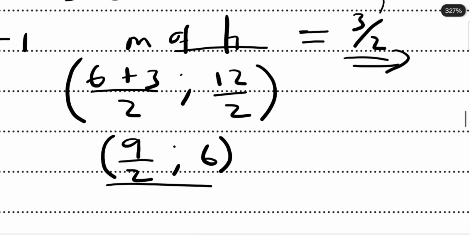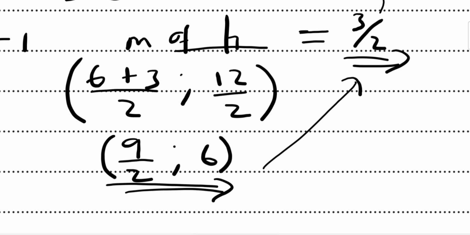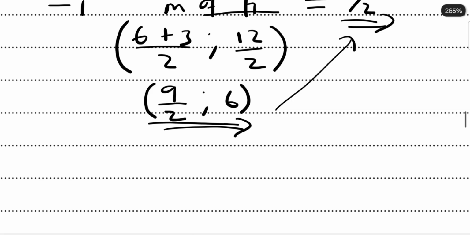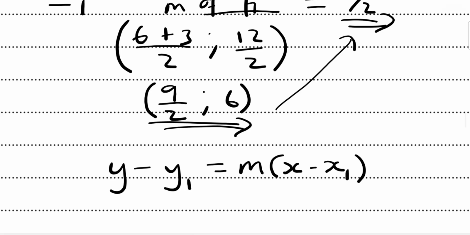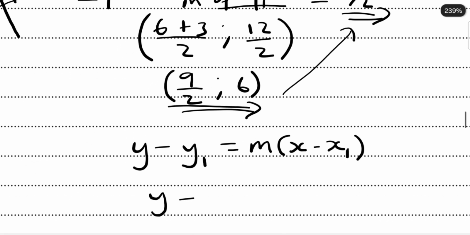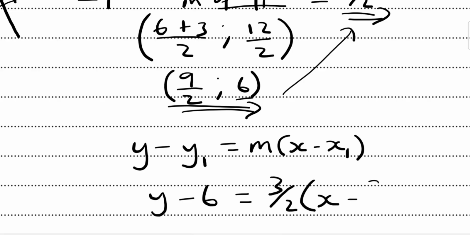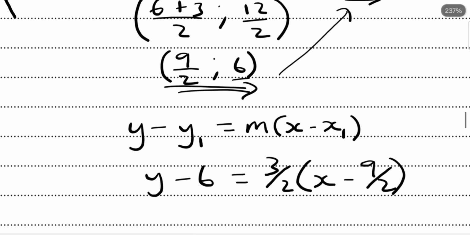So this is the point that we're going to be dealing with, and this is the gradient. To get the equation of the perpendicular bisector, y minus y1 equals m times (x minus x1), right? So y minus 6 equals 3 over 2 times (x minus 9 over 2).